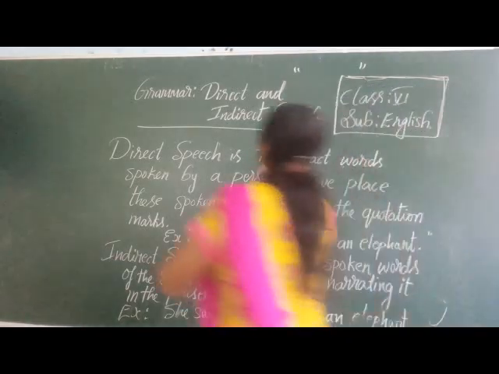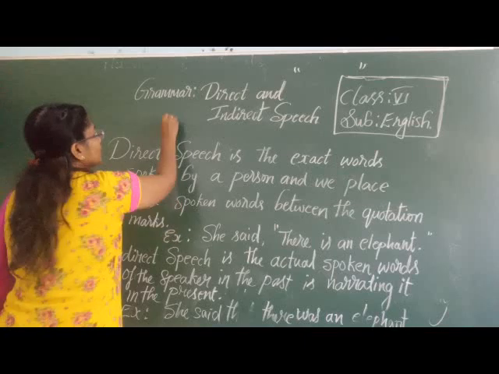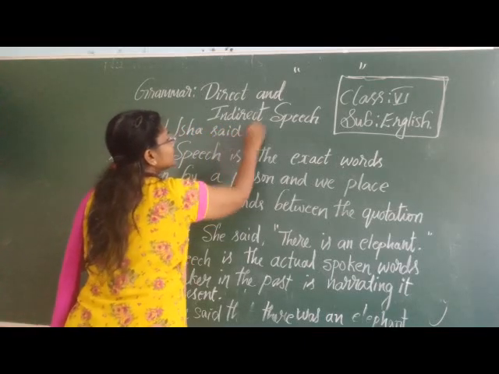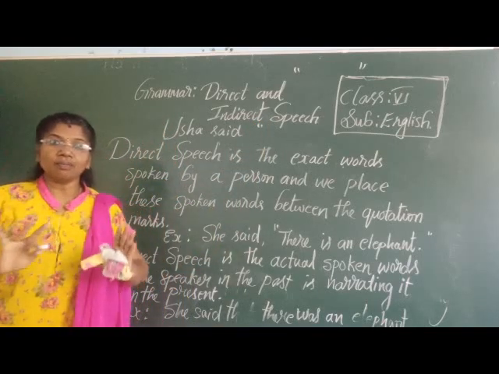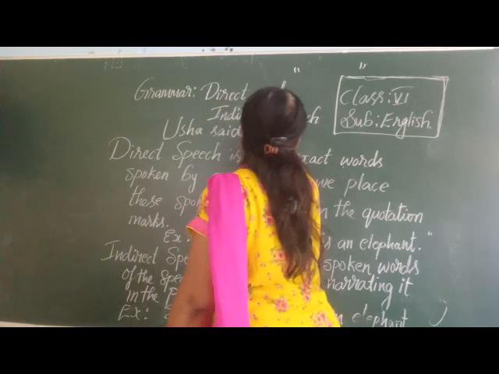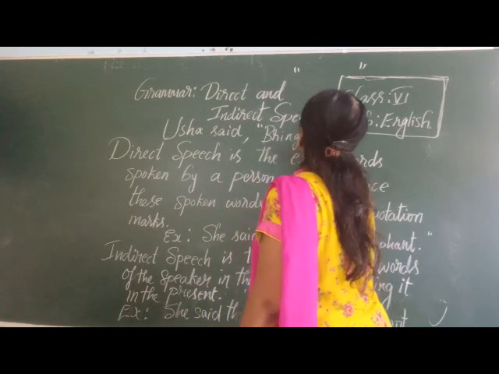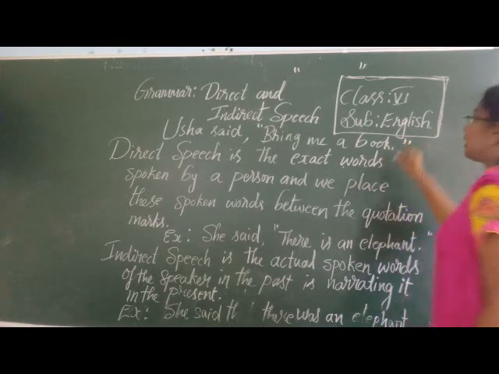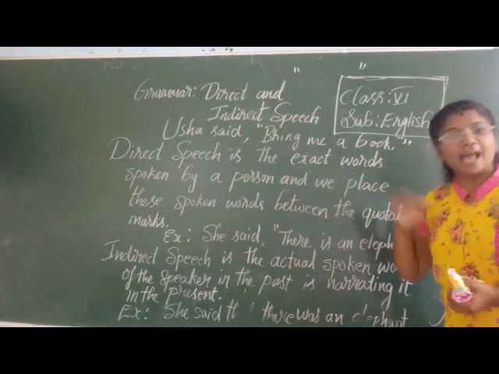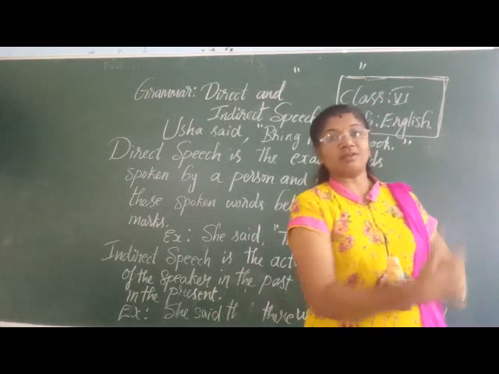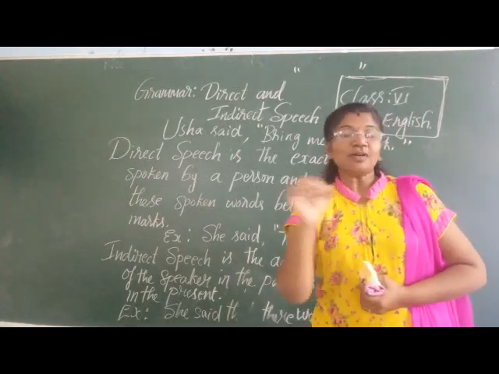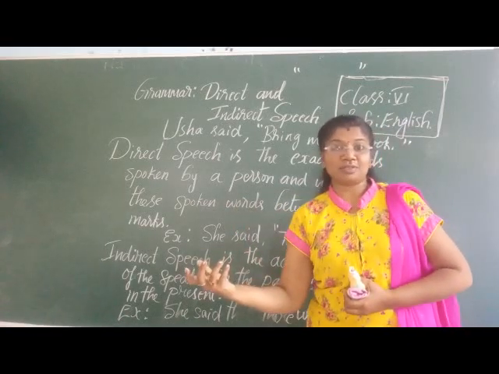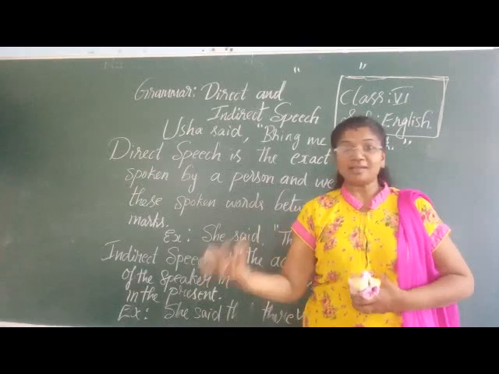For example, Usha said, bring me a book. As it is, if you express it to the third person, you write it down, with written expressions. You want to show it as written expressions.